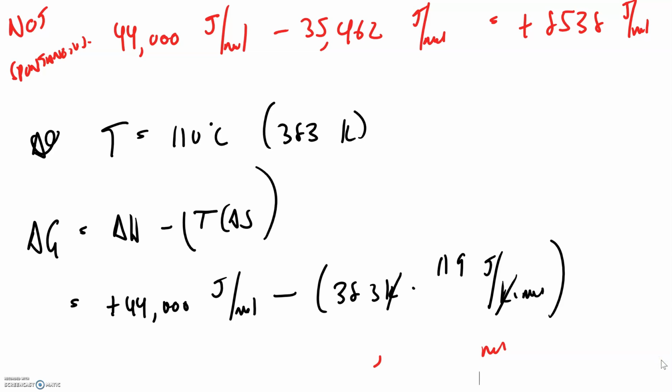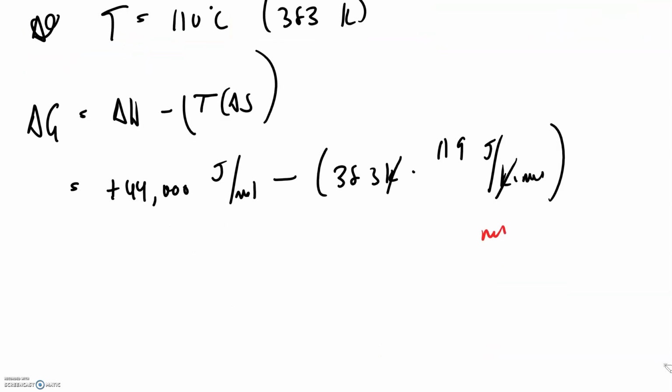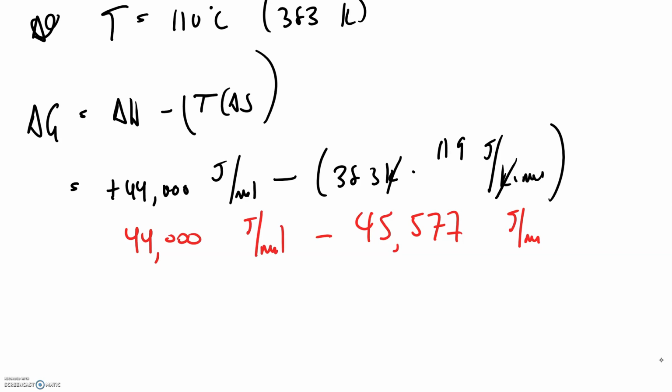Let's multiply by 383 kelvins. So 383 times 119. This is now 45,577 joules per mole. Kelvins cancel. And of course, we're going to be subtracting that from 44,000 joules per mole.